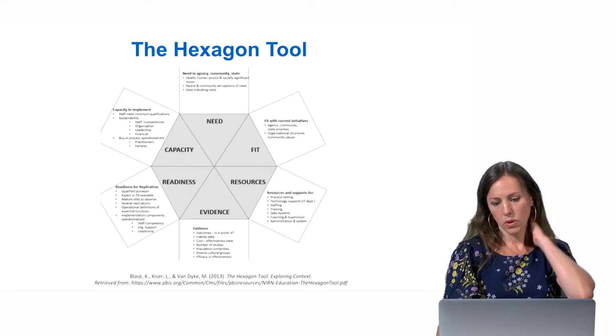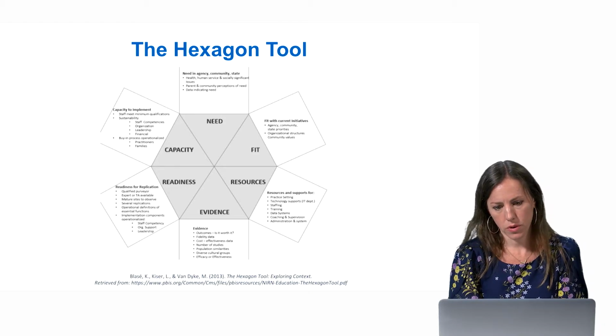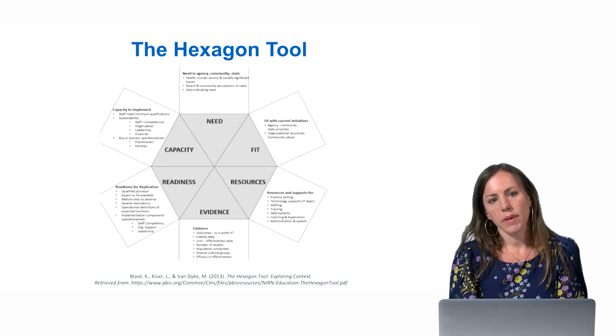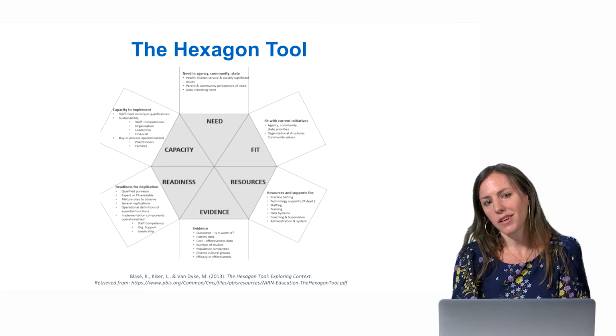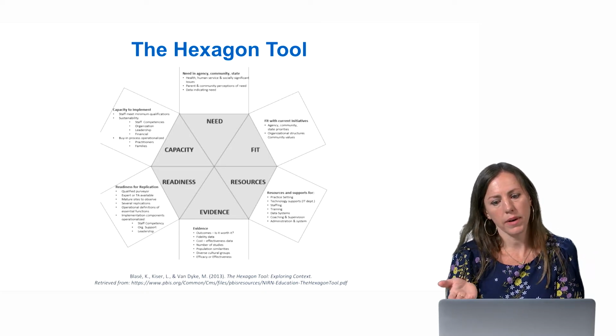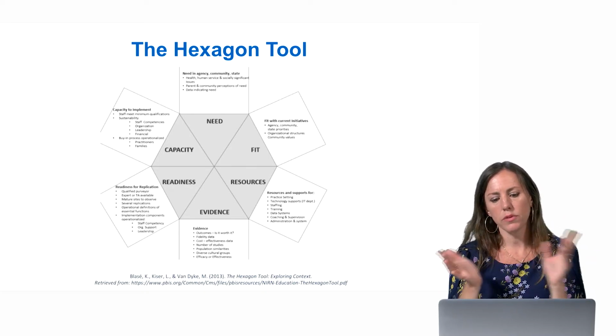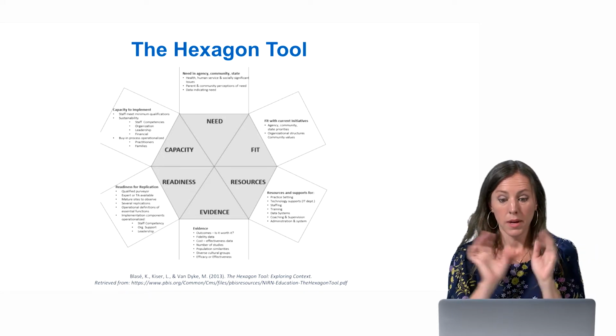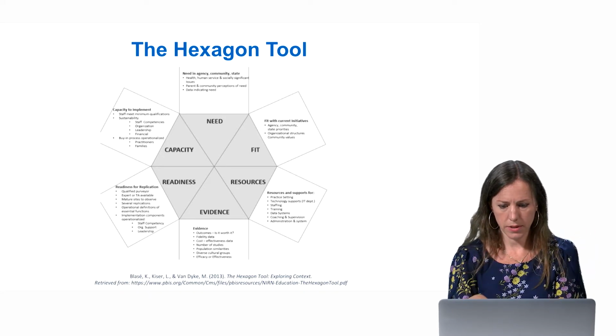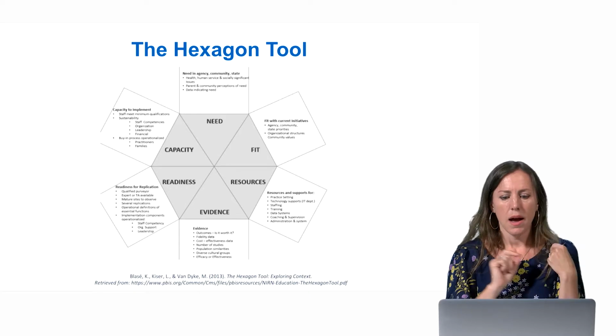There's a great tool called the Hexagon Tool, which I actually have used with my community partners. And I think across different types of settings, it can be a great resource. So basically, you can print this out if you Google hexagontool.com, and here's the PDF link at the bottom.